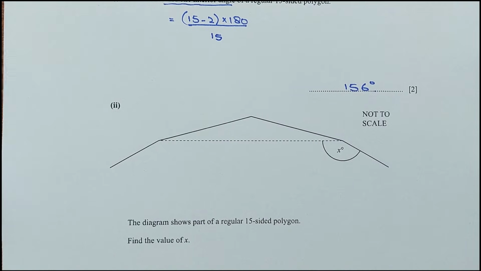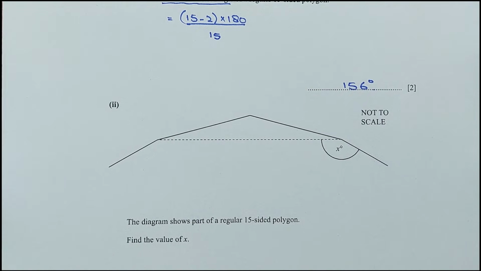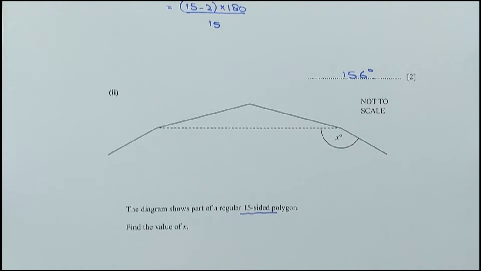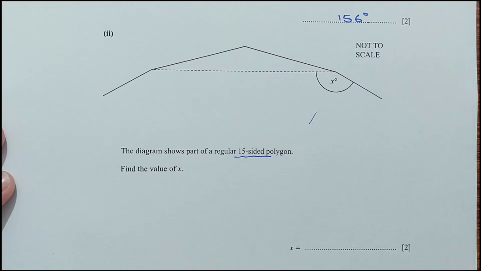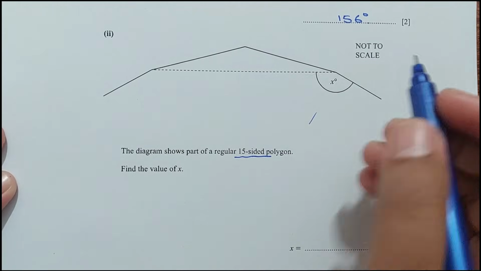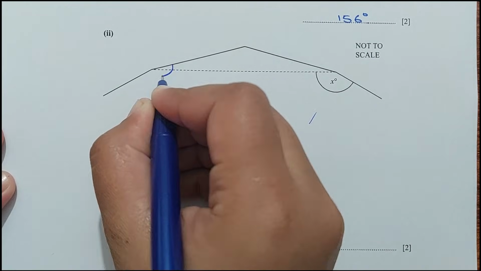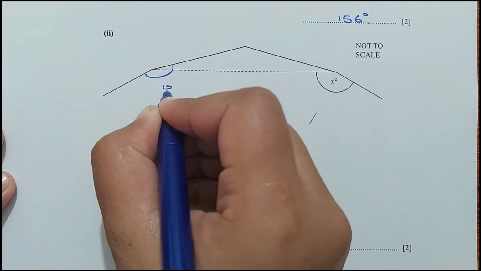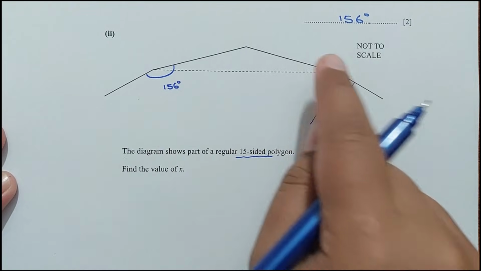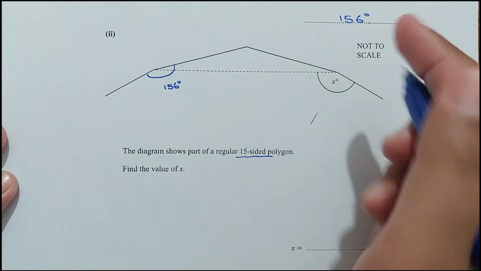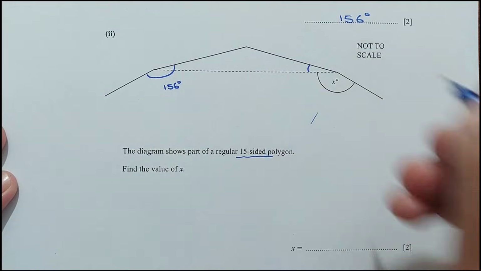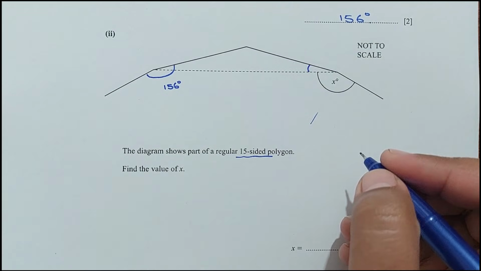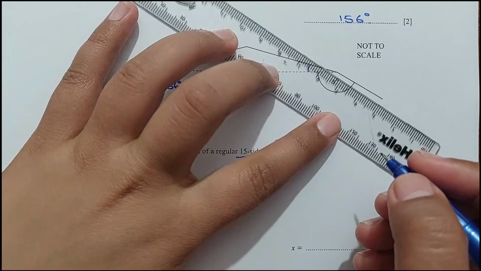Now for the second part, the diagram shows part of a regular 15-sided polygon. Find the value of x. In this question, this whole angle is 156 degrees, and we have to solve for this angle. Let me visualize this situation.